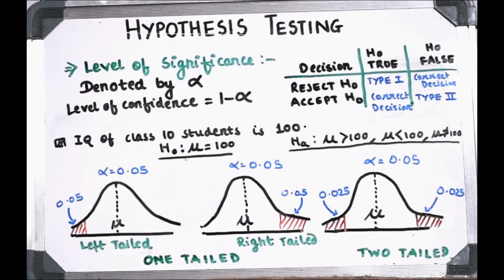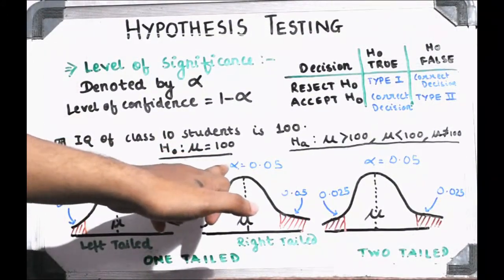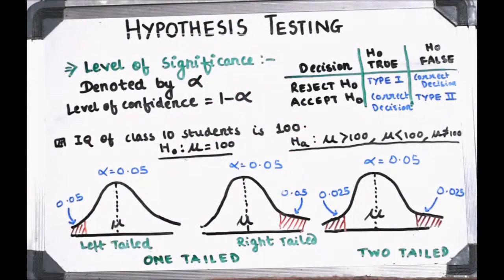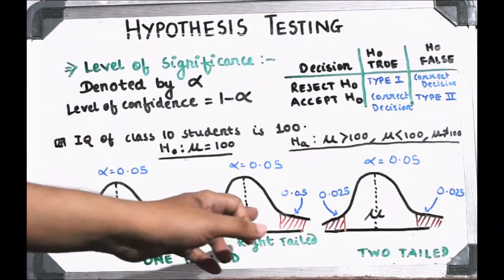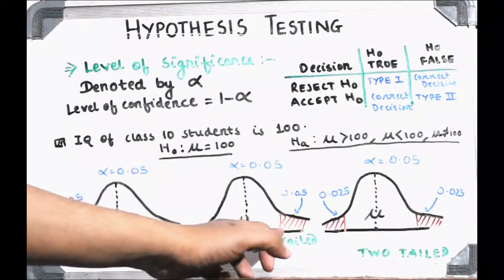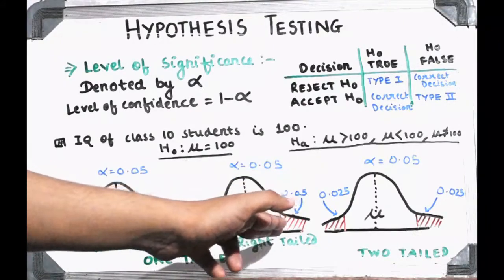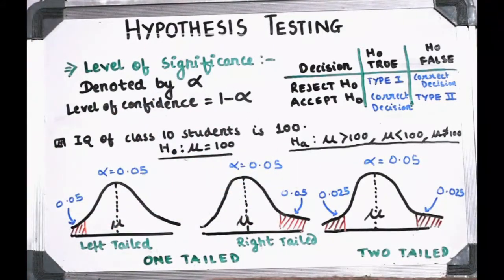This is the most commonly used level of significance. So now where does this alpha 0.05 lie on this particular curve? This is the rejection region marked in red. The area under this rejection region is 0.05.